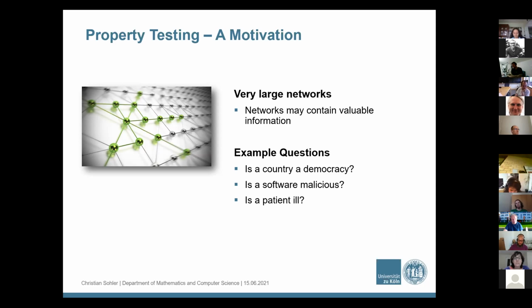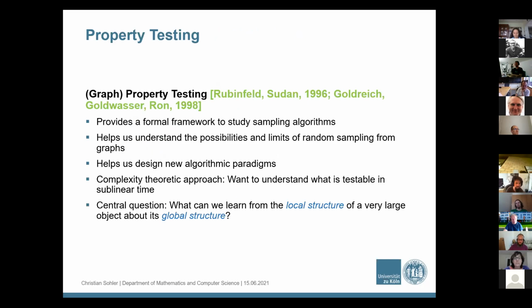My personal point of view is that graph property testing provides a theoretical framework that allows us to study such questions about graphs. Property testing was introduced by Rubinfeld and Sudan, and graph property testing by Goldwasser and Ron. It provides a formal framework to study sampling algorithms.